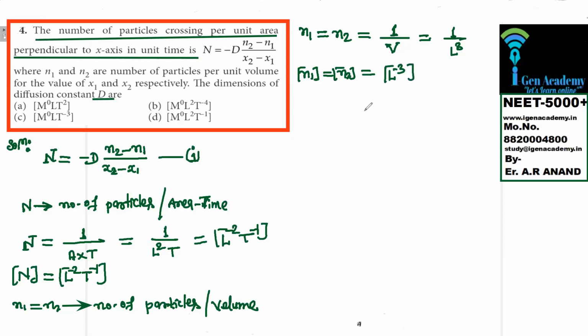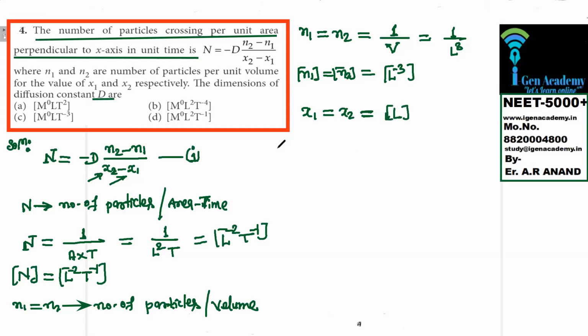Okay, perfect. Now we are left with just x2 and x1. What have they given about x2 and x1? This is simply the distance. As it is representing distance or displacement, it is going to be L. Okay, perfect.